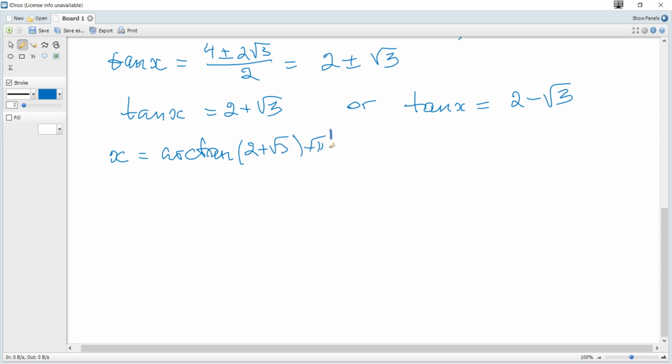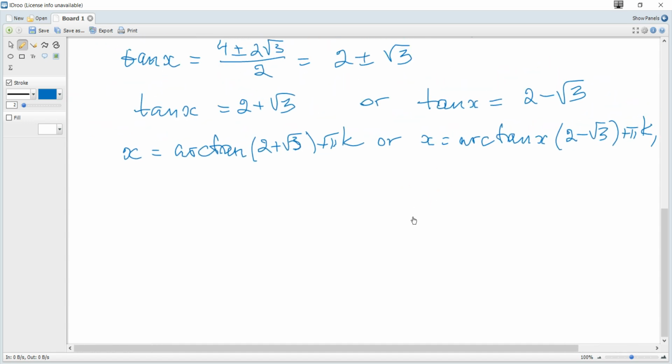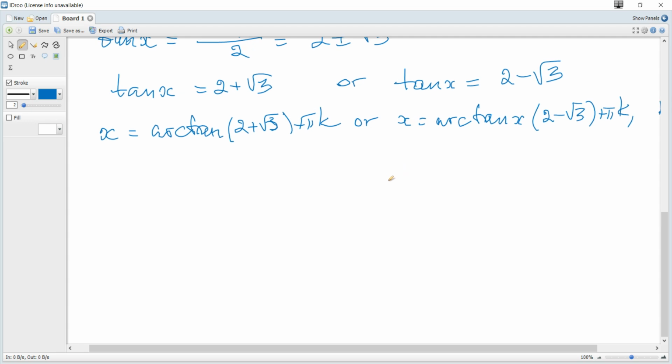plus pi k, or x is arctan of 2 minus root 3, and also plus pi k, where k is any integer, because in general there are infinitely many solutions.